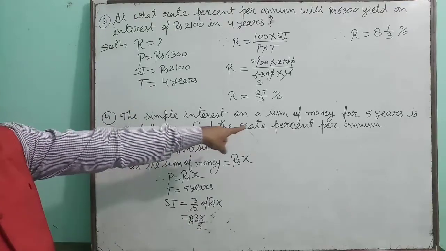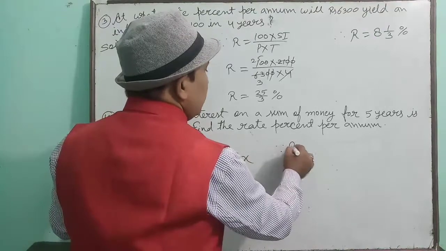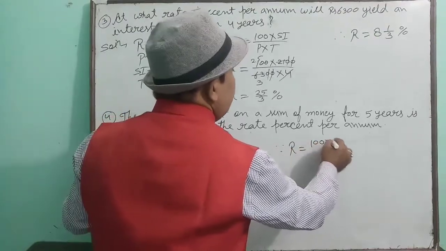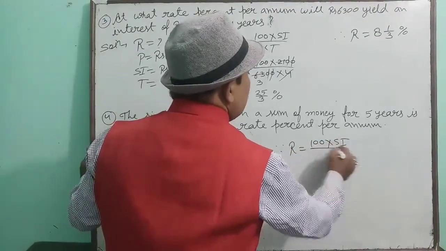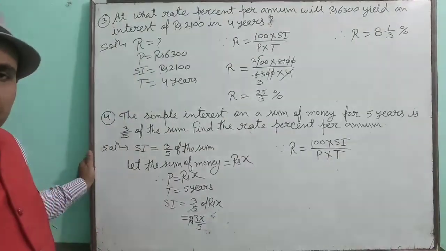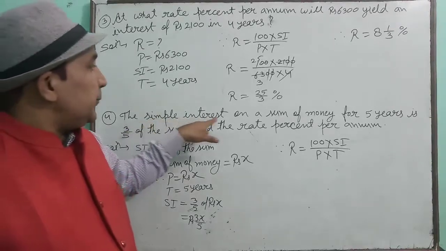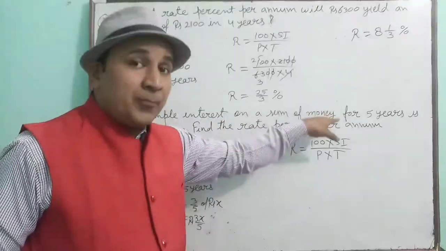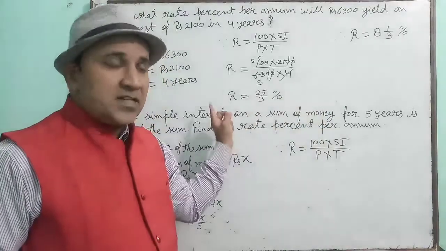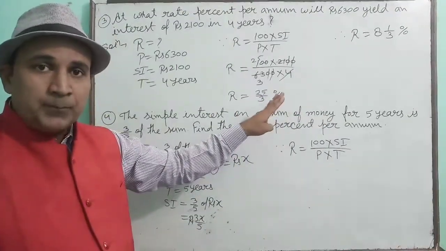Now question is asking find the rate percent. So we will apply the formula for rate. Rate is equal to 100 into simple interest upon principal into time. Understood? According to the question, the money which gives the interest is called the principal amount, means principal is not known here.